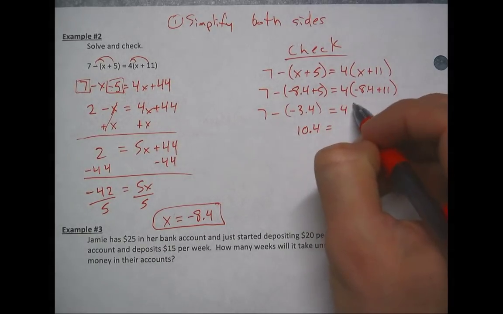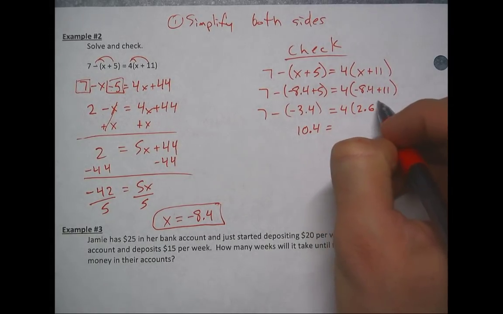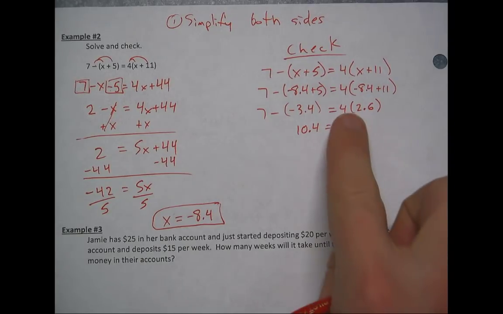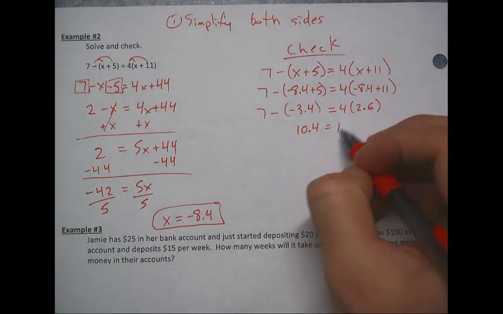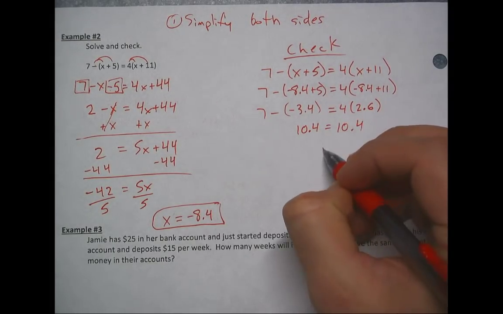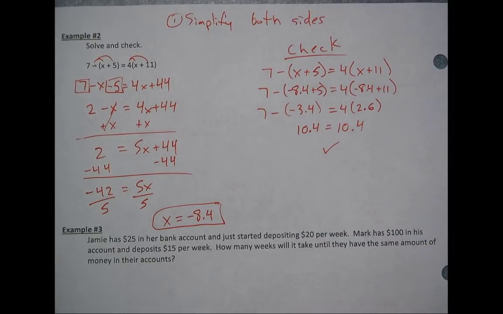And so it's going to be 4 times 2.6. And at first glance, you may look at that and say, well, that's not going to be right. But go ahead and do 4 times 2.6 in your calculator, and sure enough, it's 10.4. And this all worked out.